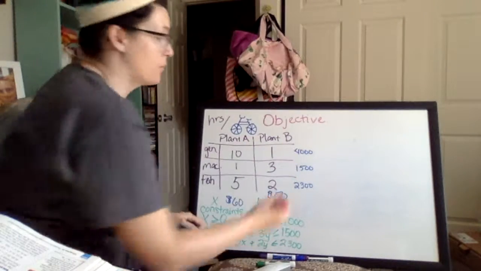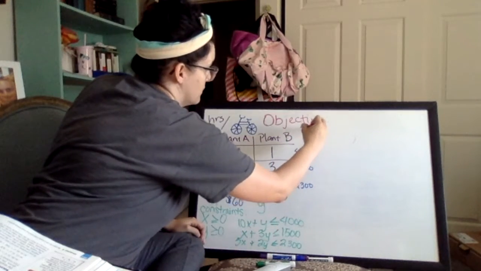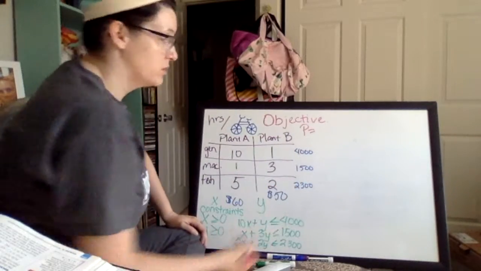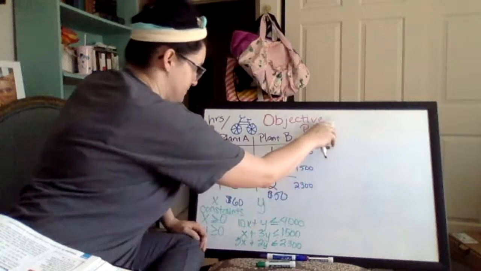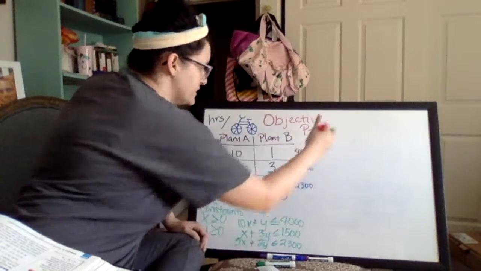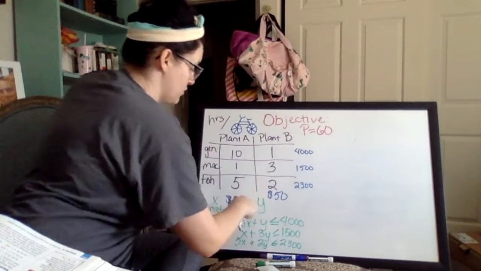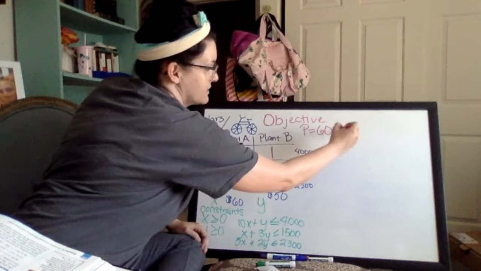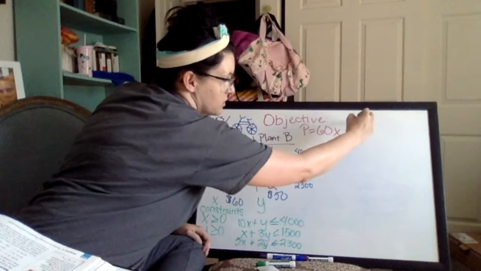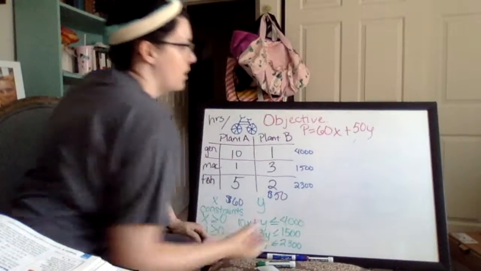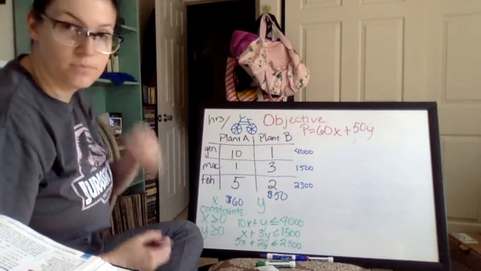We want our profit to be as high as possible, and our profit is $60 per bicycle from plant A, so that's X, plus $50 per bicycle for plant B, which is Y.